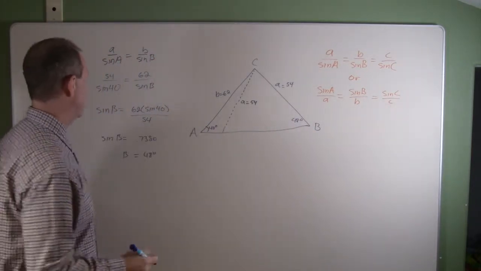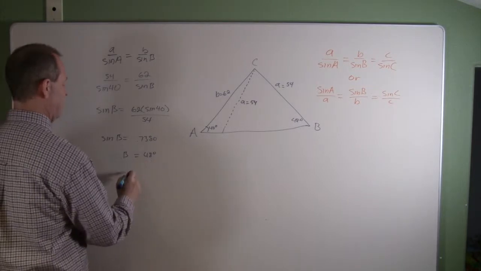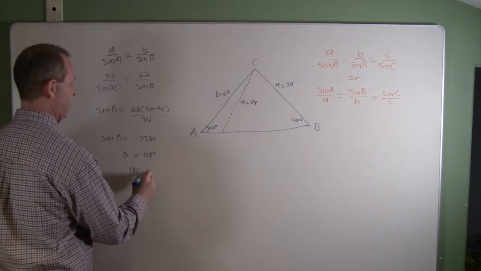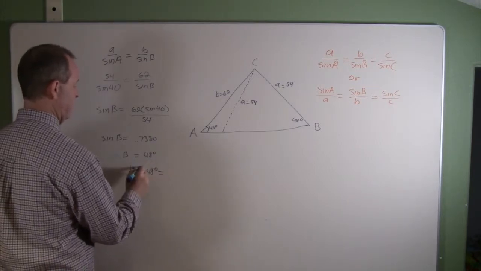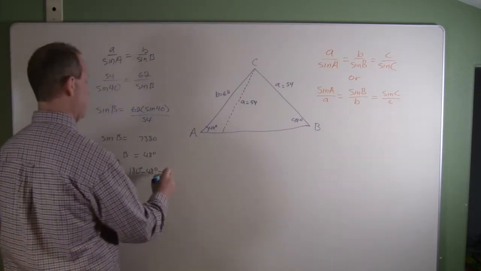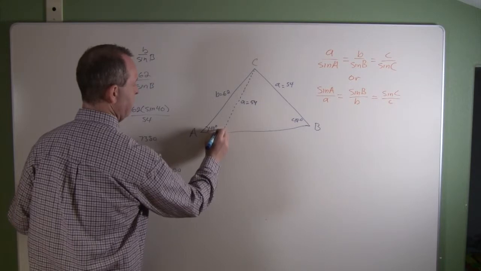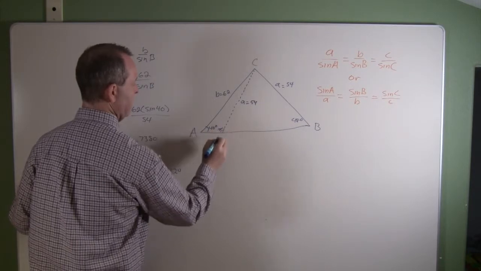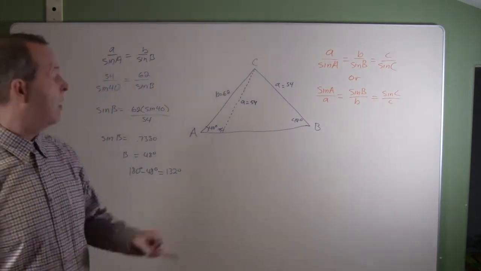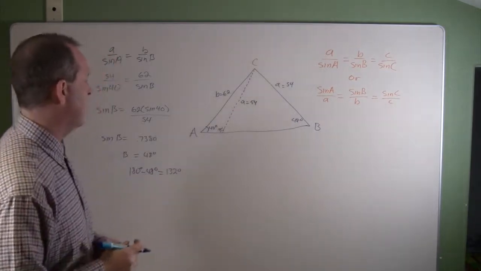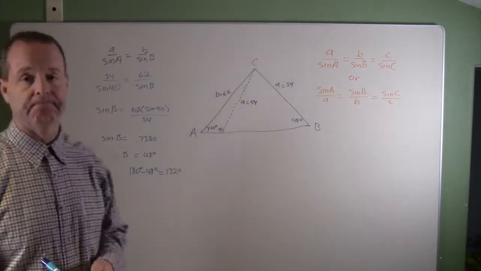I have another possibility where I can take 180 minus the 48 degrees, and that's going to come out to be 132 degrees. So I have a possibility there as well in this skinny obtuse triangle of 132 degrees.